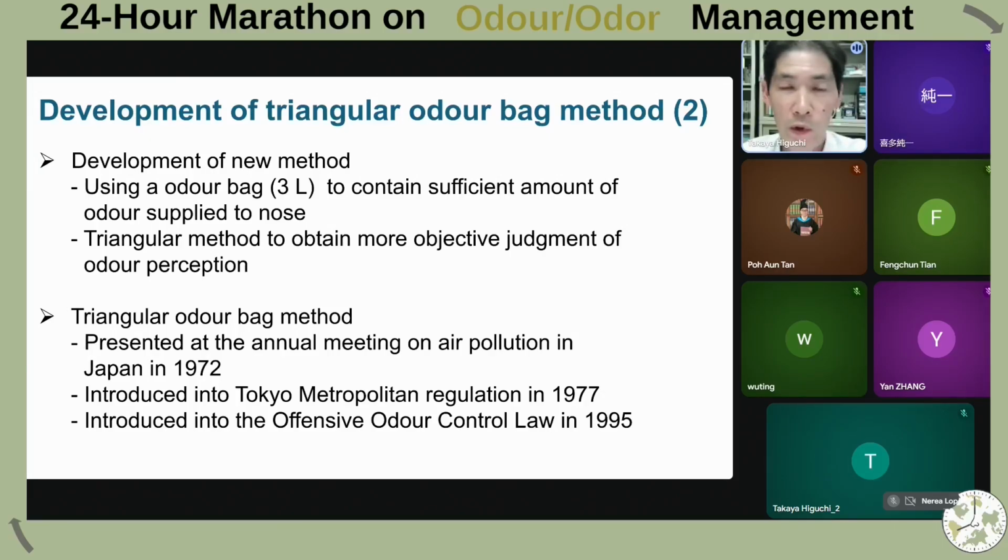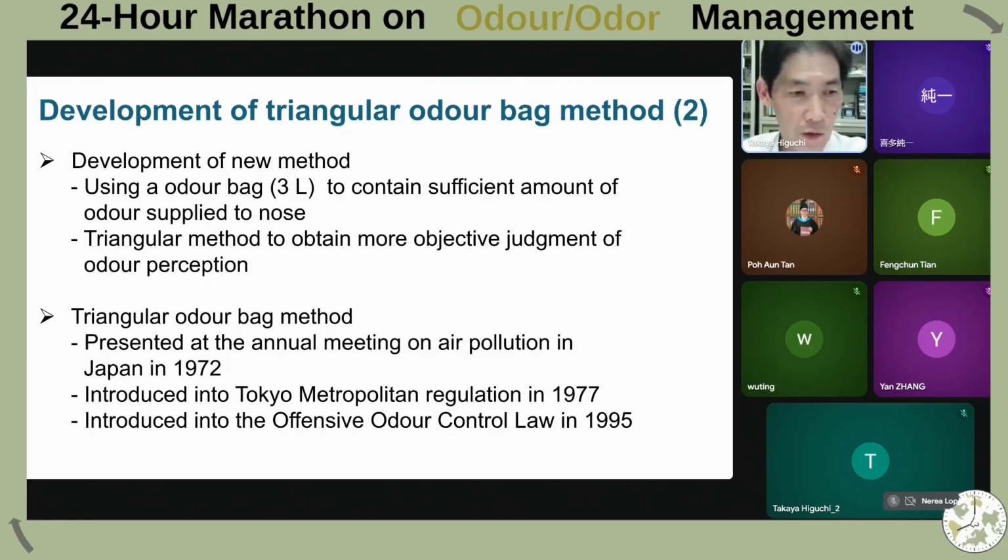And the other point is the introduction of triangular method. Triangular method is used to obtain more objective judgment of odor perception. Introducing these new points, the triangular odor bag method was developed.